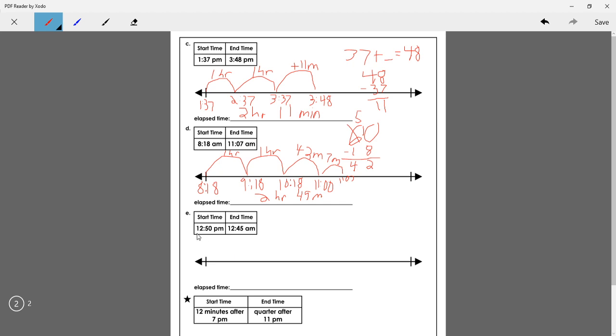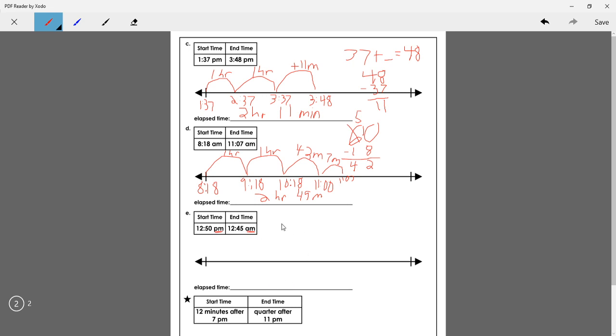Ooh, this is an interesting one. This is 12:50 and then to 12:45. So we can do this interestingly. So this is PM, but this is AM, right? So these are different. Now, if it was 12:50 PM to 12:50 AM, that's 12 hours, right?